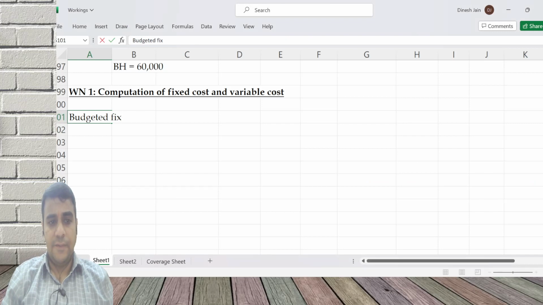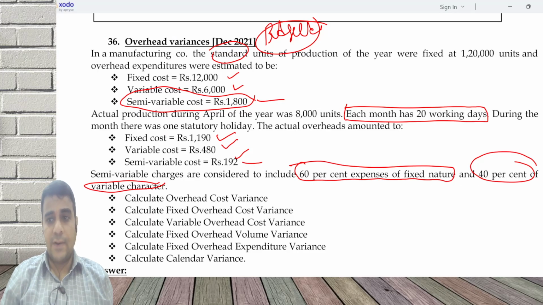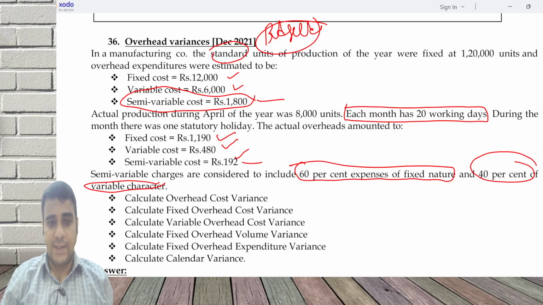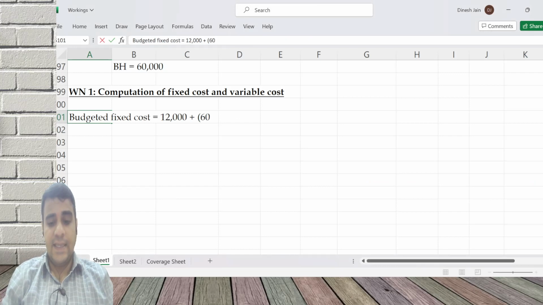Budgeted fixed cost is equal to the overhead expenditure estimated, budgeted 12,000 plus 60% of 1,800.